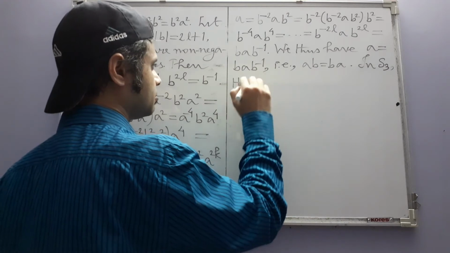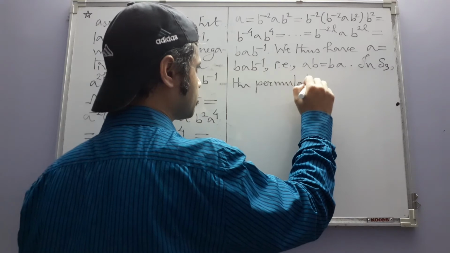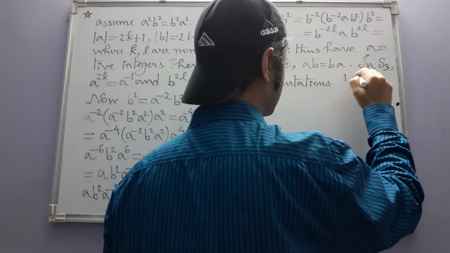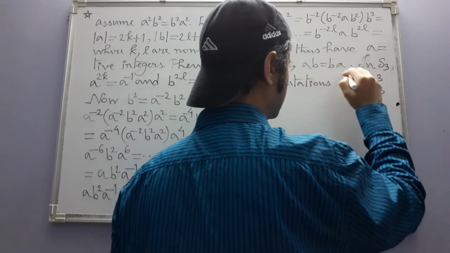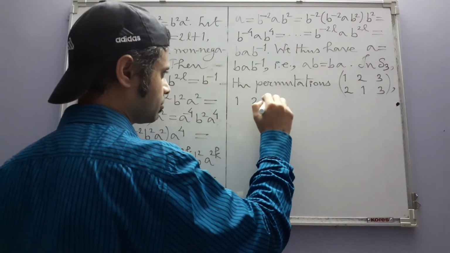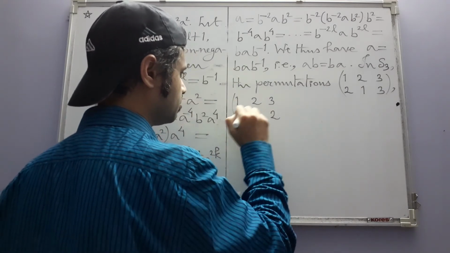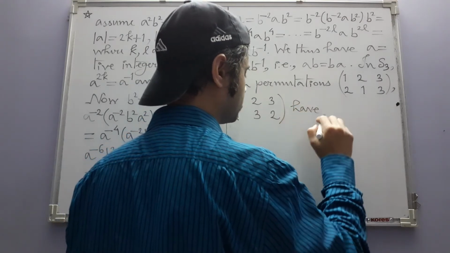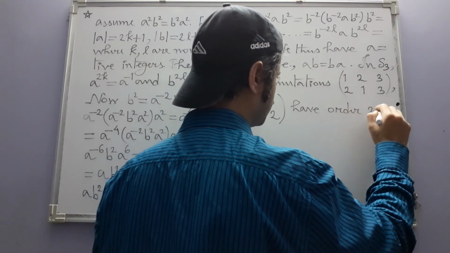The permutations 1, 2, 3 to 2, 1, 3, and say 1, 2, 3 to 1, 3, 2 have order 2 both.